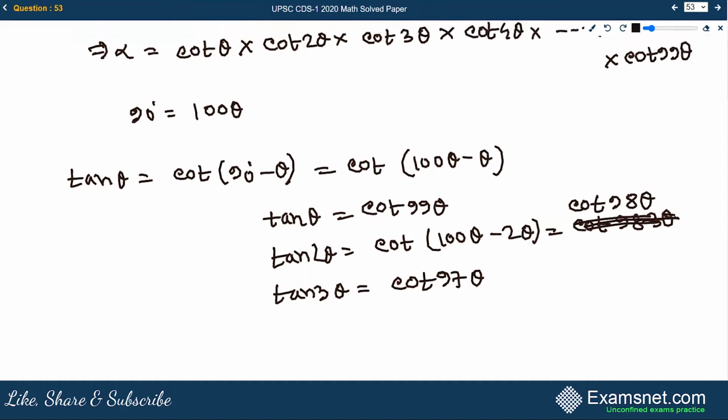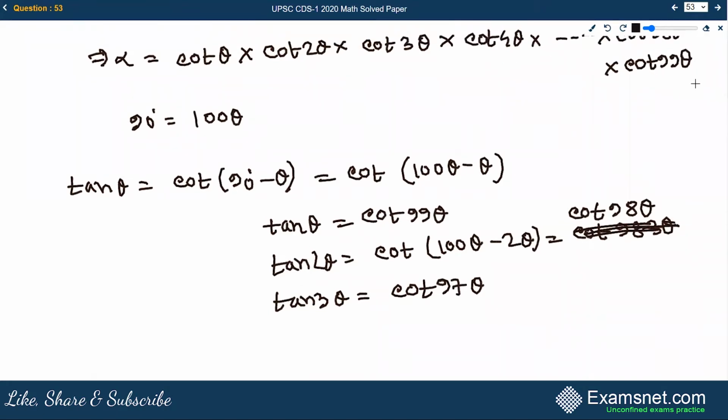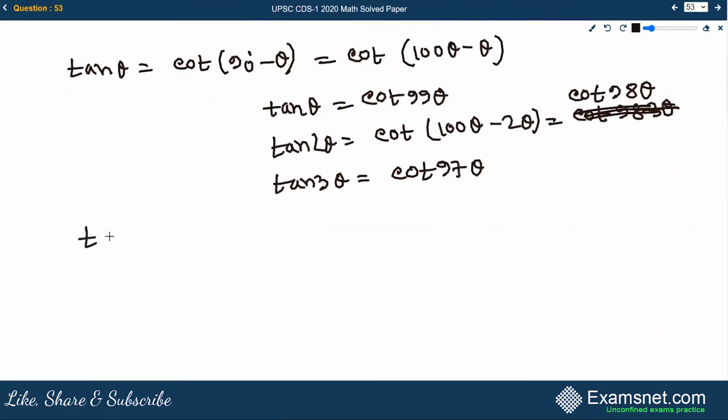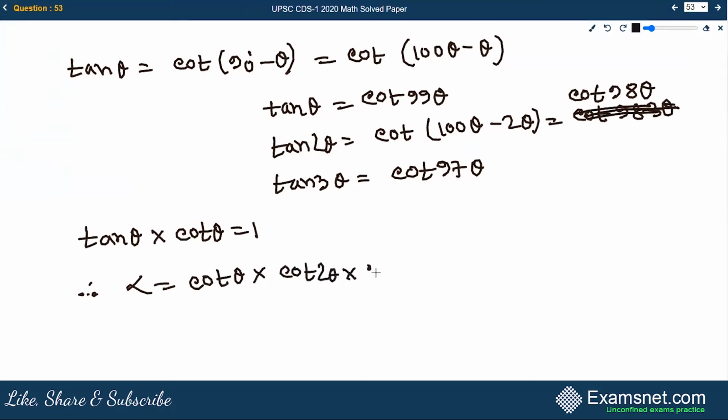Let me tell you one thing: tan theta multiplied by cot theta gives us 1 because they are reciprocal to each other. Therefore alpha equals cot theta multiplied by cot 2 theta multiplied by cot 3 theta and so on up to cot 49 theta multiplied by cot 50 theta.